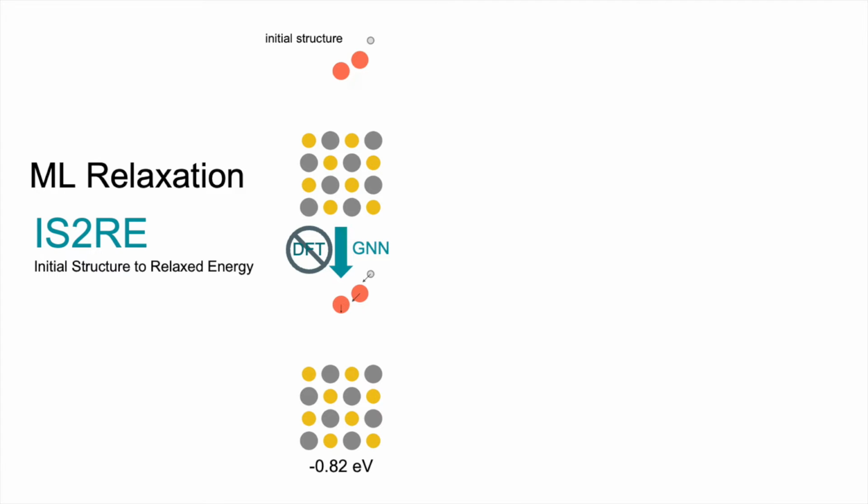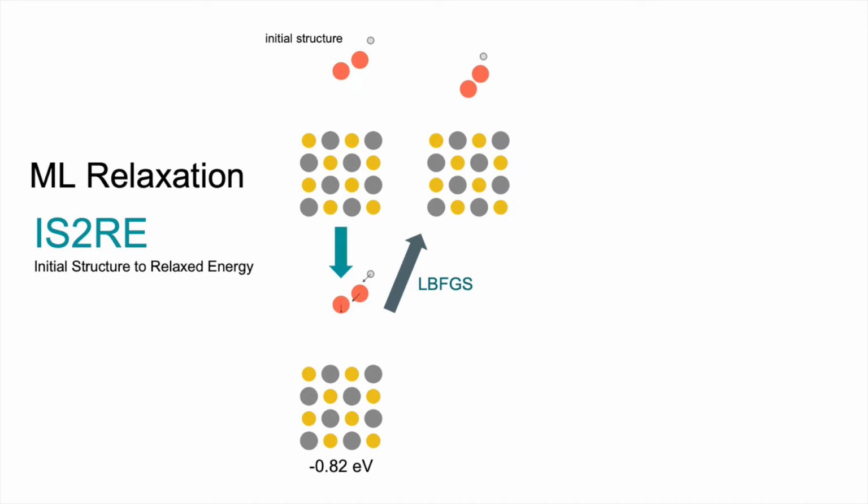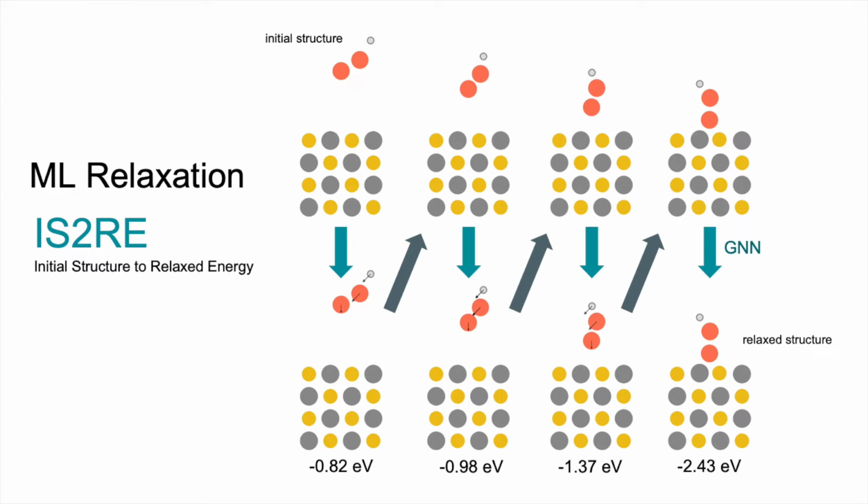So here we take the initial structure, we use our ML model to estimate the forces, we then update the atom positions, compute the forces again, update atom positions, repeat until the forces go to 0, and then we use the ML model to estimate what the energy of that relaxed structure is. And in general, we find that this second approach is generally more accurate than just computing the relaxed energies directly.